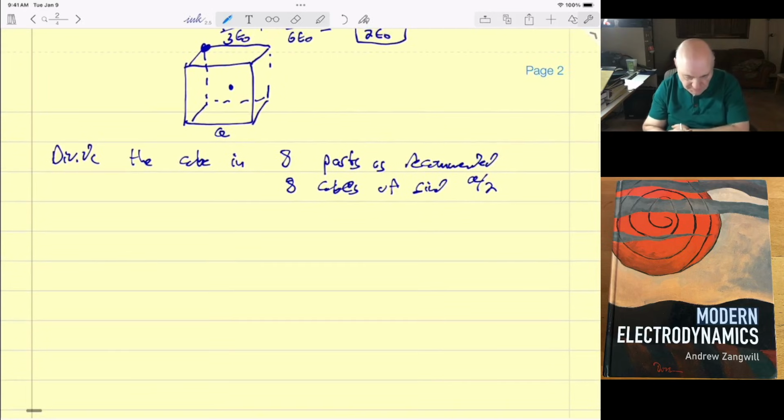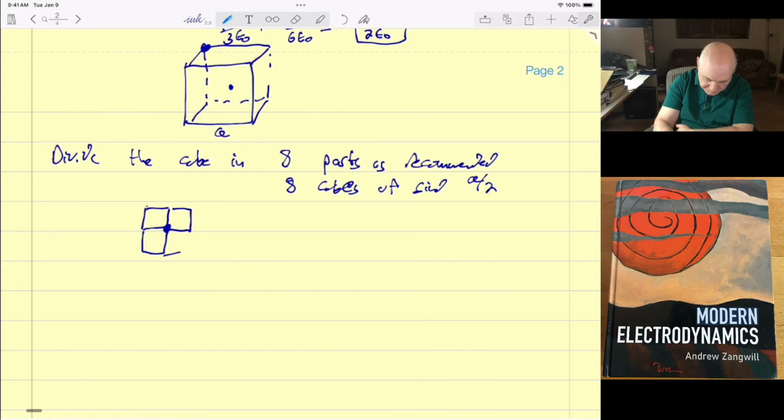Now, if we were to look at one of the smaller cubes, let's say this would be the center of the big cube. Regardless of what the potential here is on the edge, when we integrate, we would divide by R and add up to get the potential from the cube.